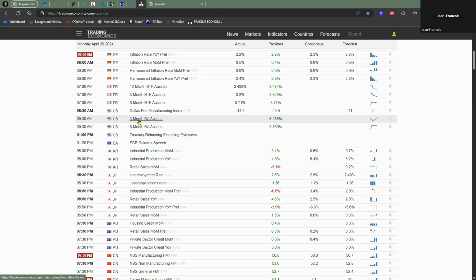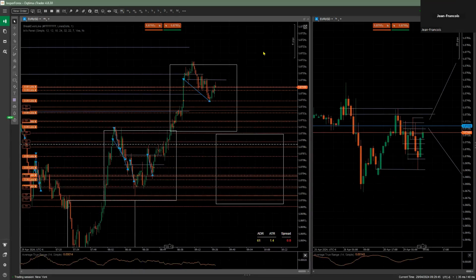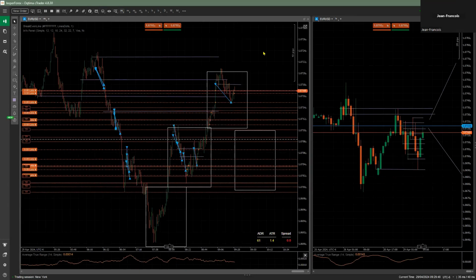So it's not published at 9:30, the auction is held at 9:30. A lot of guys will have their hands on the mouse for 9:30 and nothing's happening. And then boom, 4 or 5 minutes later, all hell breaks loose.